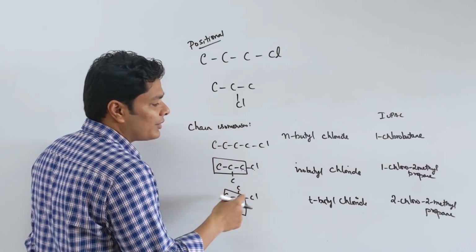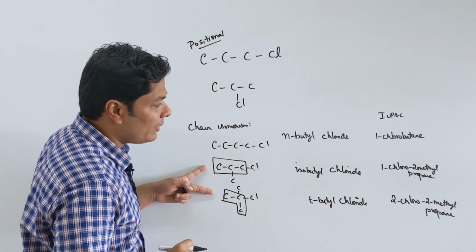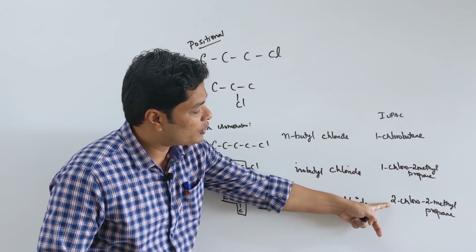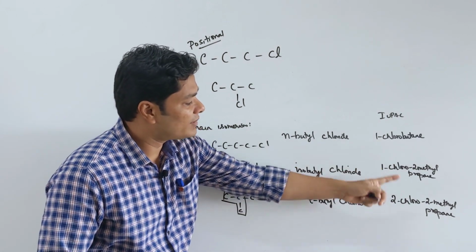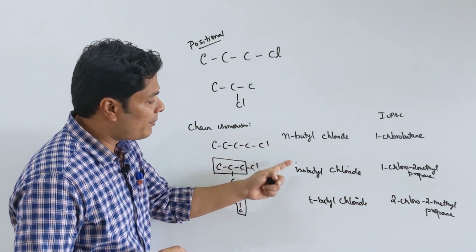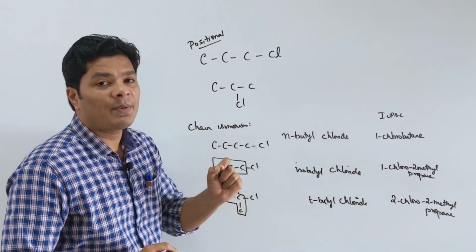So now you can see that these are chain isomers because the chain is different. Now when you see the position of the chlorine atom is different, these two are positional isomers. This and this is chain isomer, this and this is chain isomer. But the common names actually show that they are different, but the IUPAC name tells you what type of isomer they are.